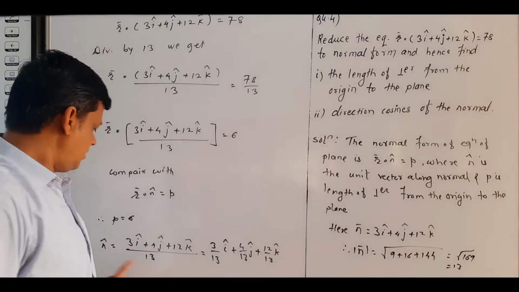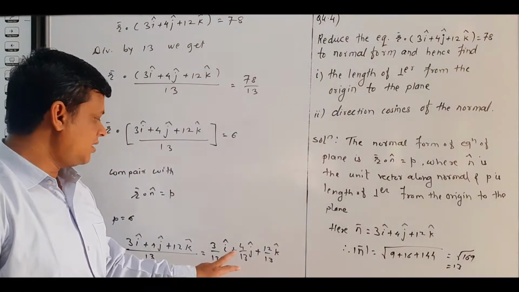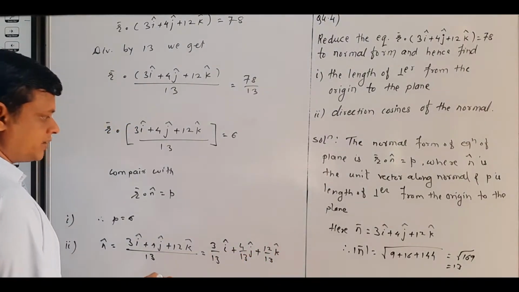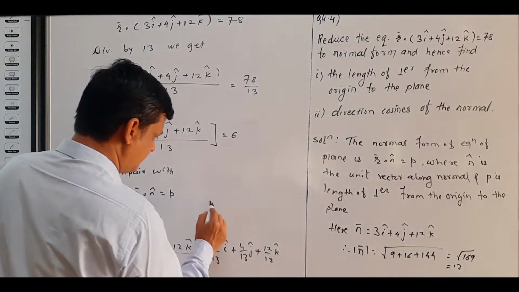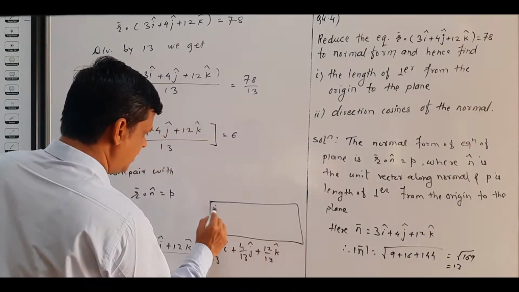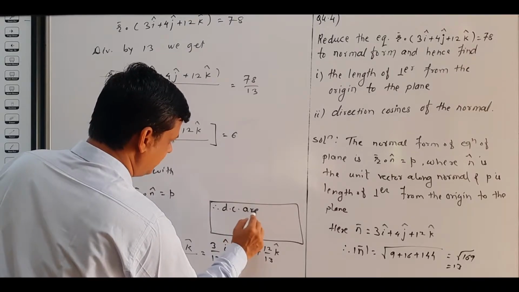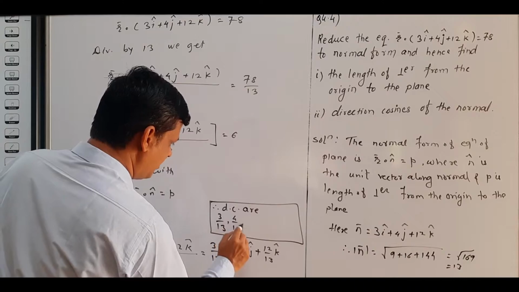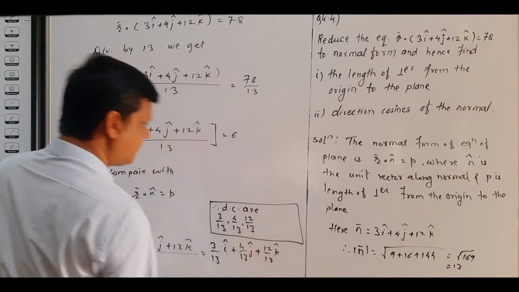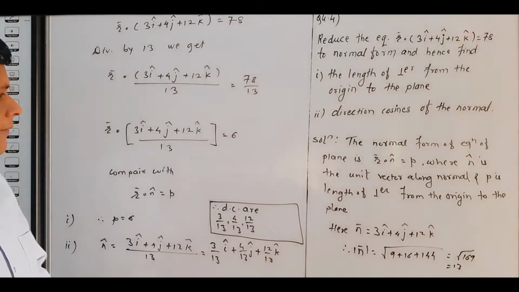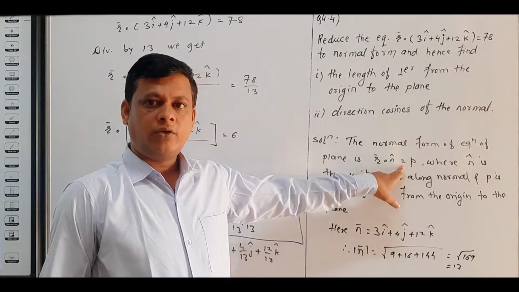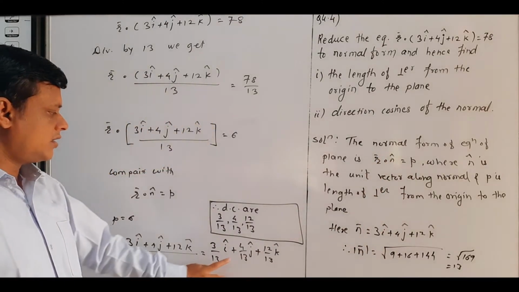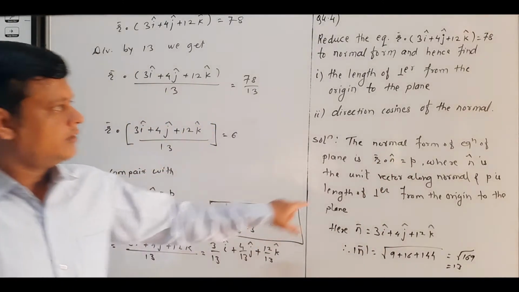Now this is unit vector, and the coefficients of i, j, k are the direction cosines. Therefore, direction cosines are 3 by 13, 4 by 13, and 12 by 13. So in this way we calculate the length of perpendicular, that is value of p, and direction cosines of the normal.